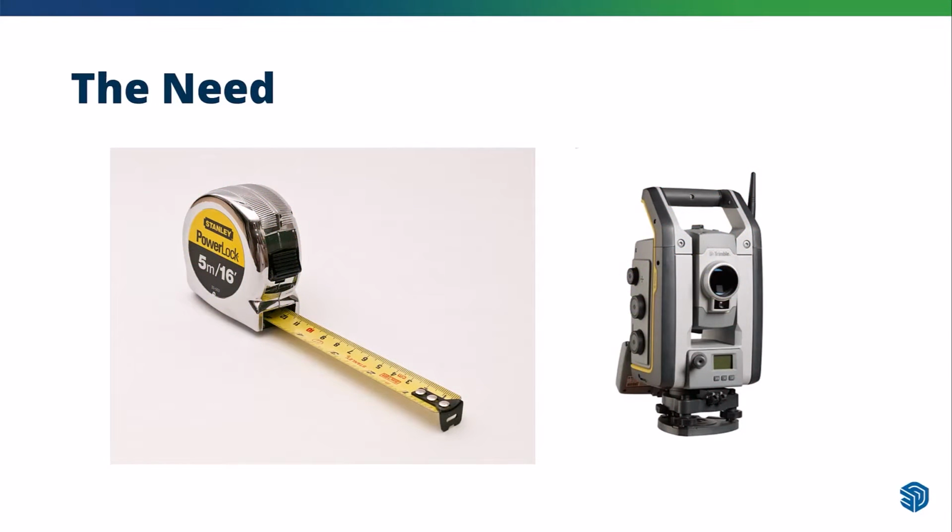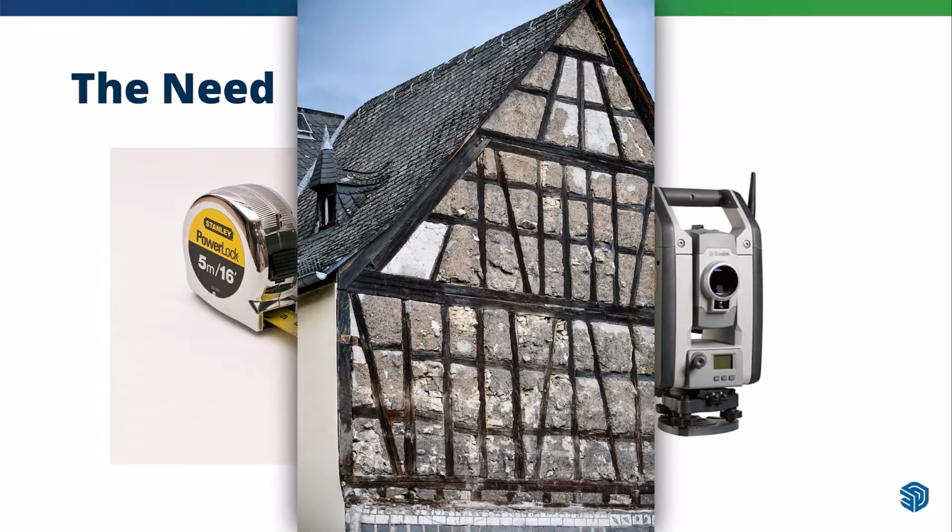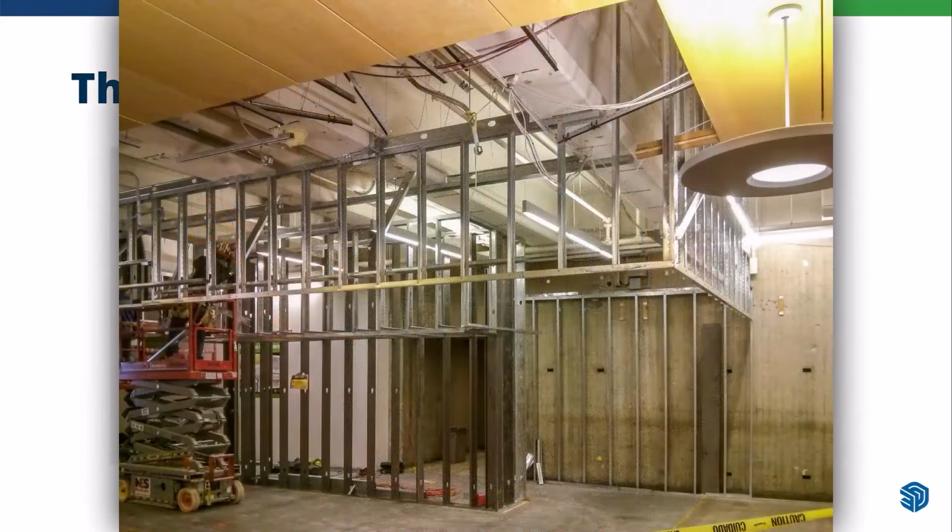Now, what's the point of laser scanning? Well, there is a need, of course, and the need is the tape measure. We need to measure existing conditions one way or another. And this could be, of course, a site. This could be an existing building. We might be doing a renovation, an outfit, or retrofitting, or any of those things.